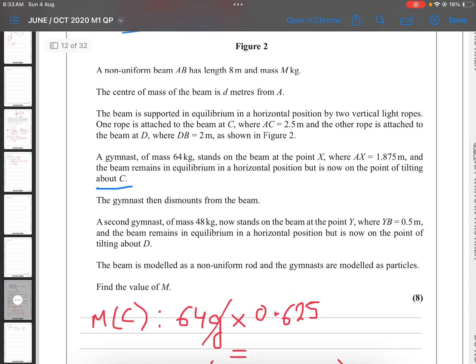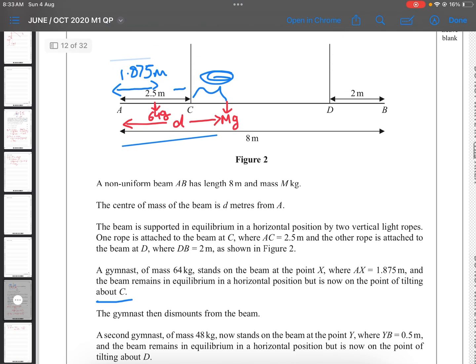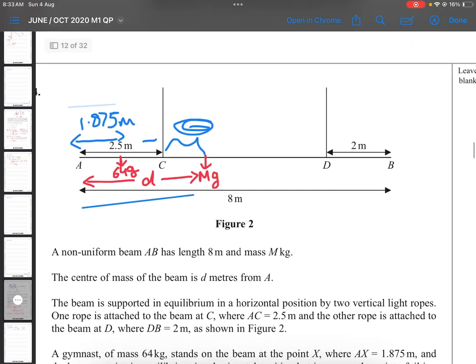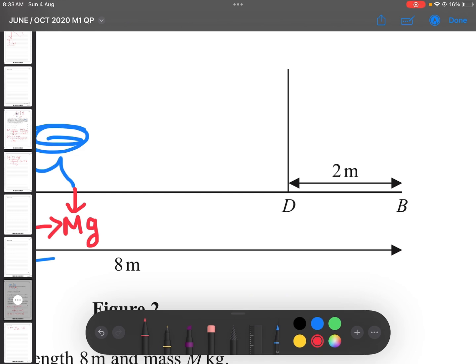Now, let's consider the second gymnast of mass 48 kg. Let's draw again. So they said from B, the 48 kg gymnast is 0.5 meters away. So as this is 2 meters, around here might be 0.5.